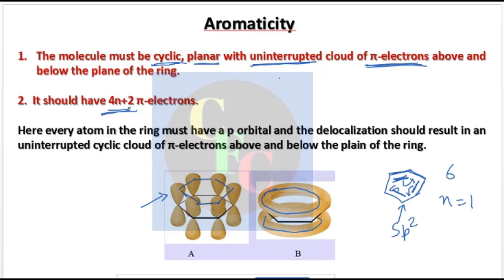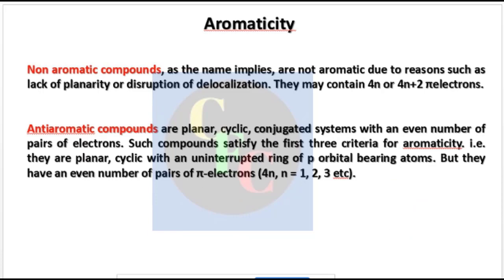And while we study aromaticity, we also have to study two other terms, namely non-aromatic and anti-aromatic. What are those? See, non-aromatic are compounds which may have 4n pi electrons or 4n plus 2 pi electrons, right?